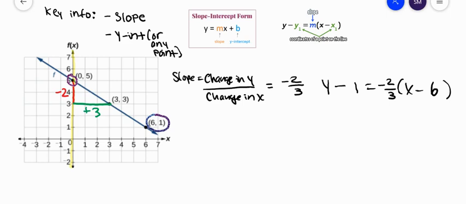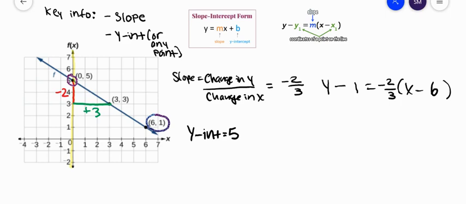Remember too that the y-intercept is always the y value when x is 0. So here when x is 0, the y value is 5. So that means that my y-intercept is 5.